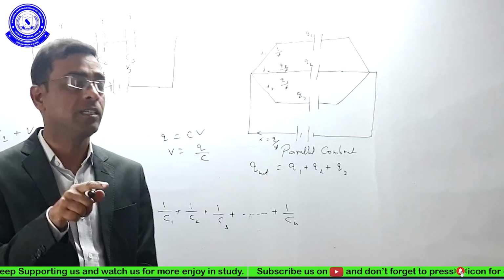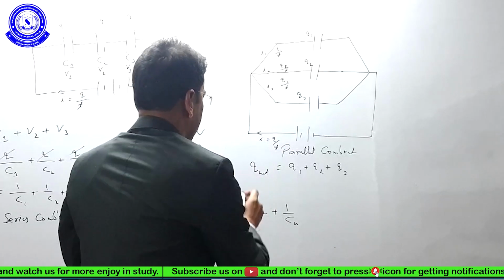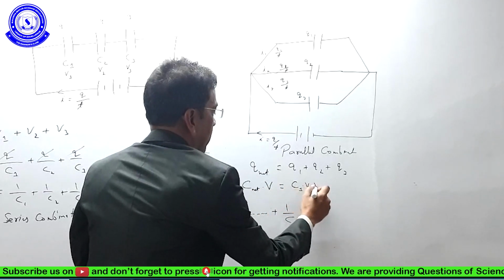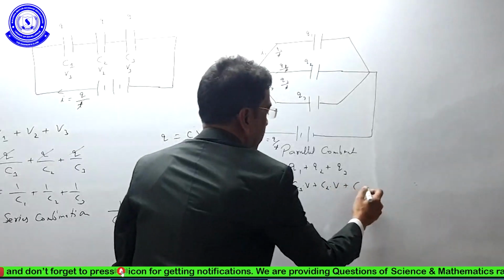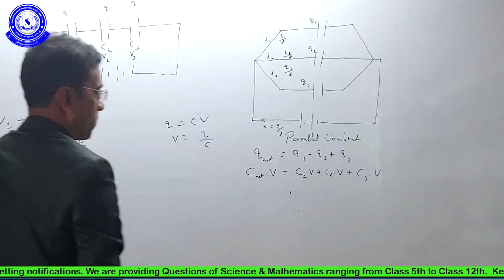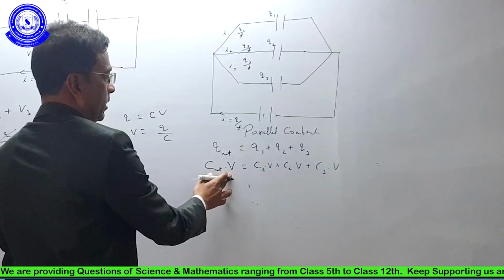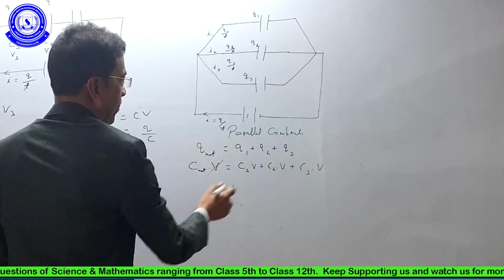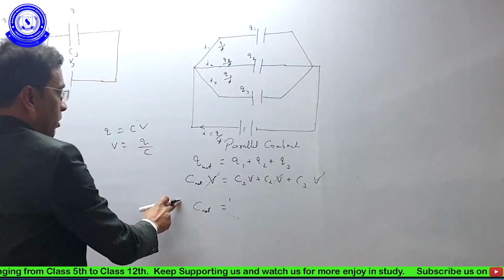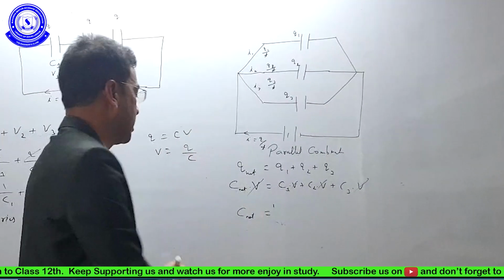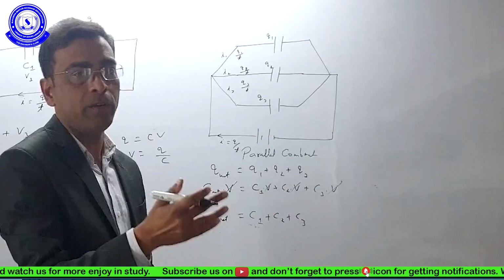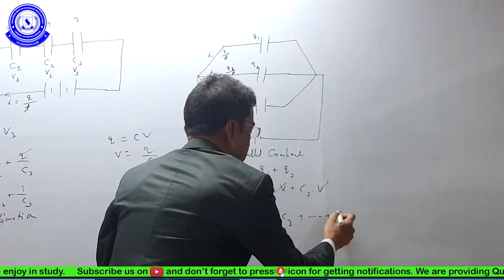Here potential difference V is the same. Then Q net is equal to C net multiplied by V, and it is C1 multiplied by V, C2 multiplied by V, and C3 multiplied by V. If V is the same on both sides, V will be terminated. Then for the parallel combination, the total capacitance will be represented as C1 plus C2 plus C3, and it will go on for n terms, up to Cn.